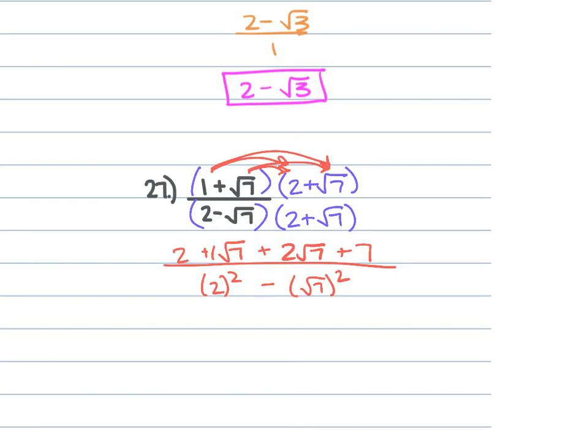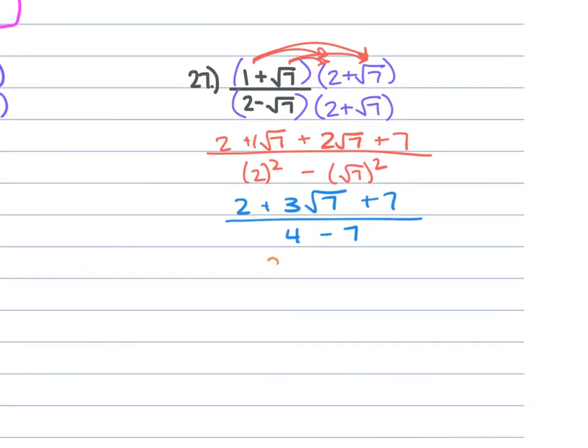So this is going to give us 2 plus 3 square root 7 plus 7 all over 4 minus 7. So 9 plus 3 square root 7 all over negative 3. Again, change your signs here, but divide everything by 3. So this is going to be negative 3 minus 1 square root 7 all over 1. So it's just negative 3 minus the square root of 7.